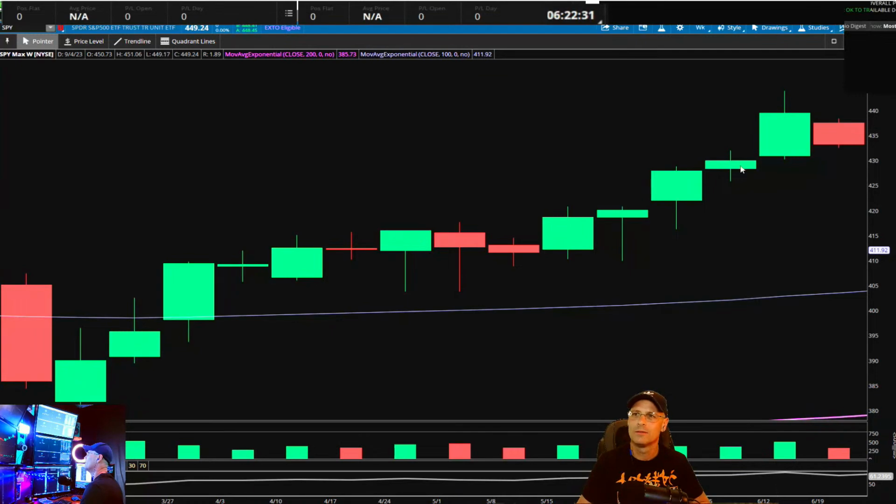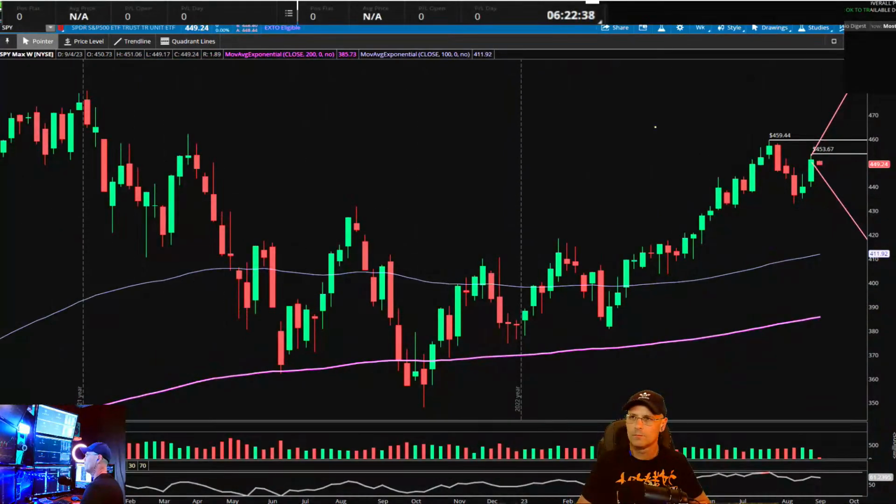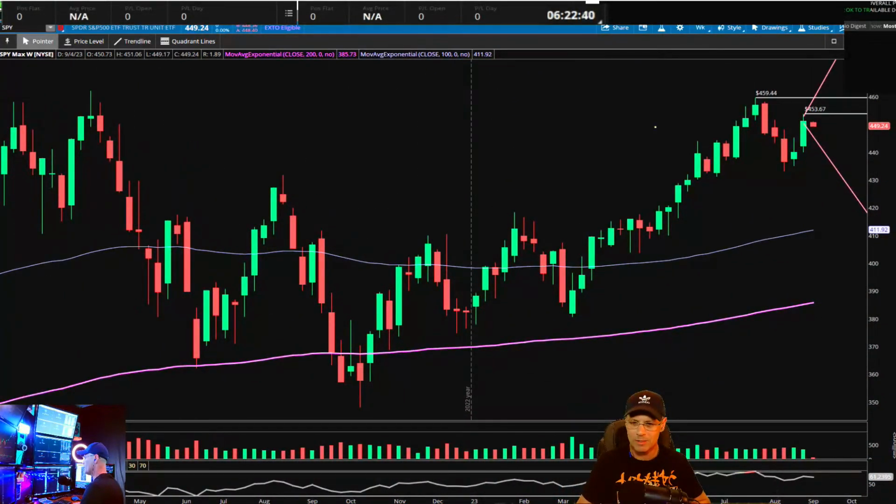I really gotta figure out how to use my drawing tool, I still haven't got the hang of it. Yeah, we had our weekly uptrend, and we were looking for, are we going to continue higher, or are we going to top out here and start to pull back and maybe form a weekly equilibrium?